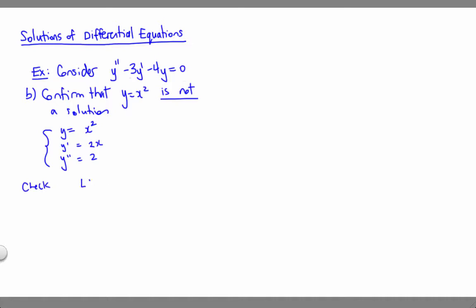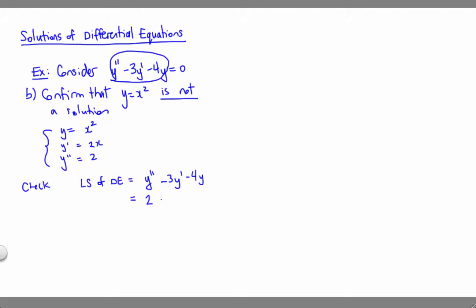We'll start with the left side of the DE because that's the more complicated one. And the left side of our DE, here it is, y double prime minus 3y prime minus 4y. So let's plug our function in there and we'll simplify this.